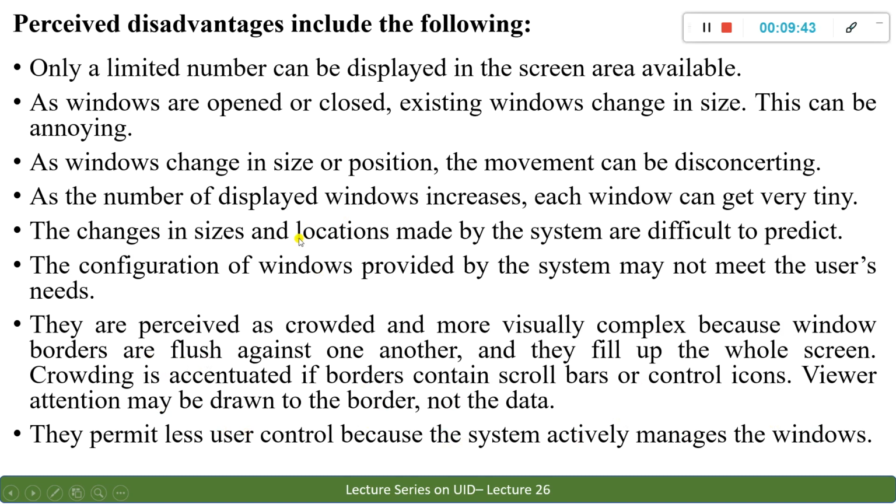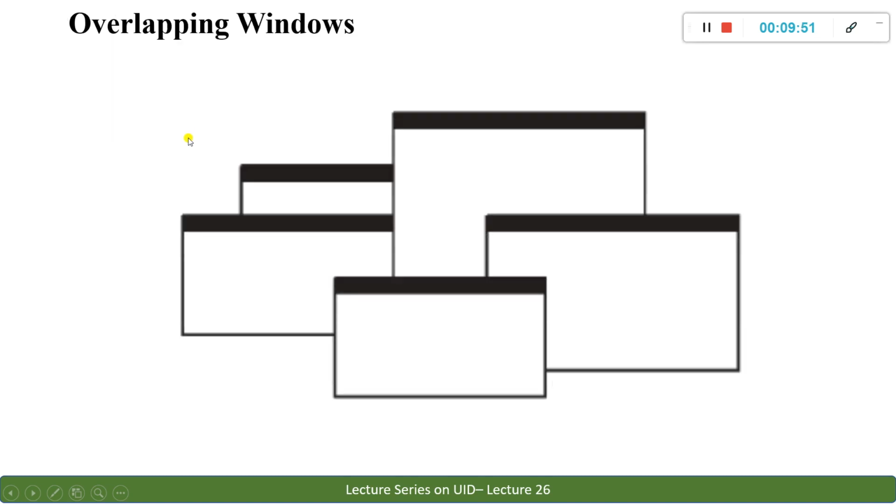So this is how tiled windows are, a box kind of information. Apart from tiled representation, you can also have an overlapping window representation, which looks like this. This is the common design that we have in our present world, an overlapping window.